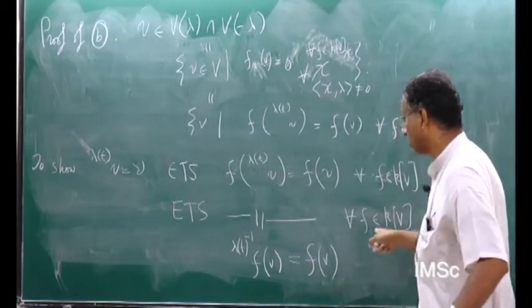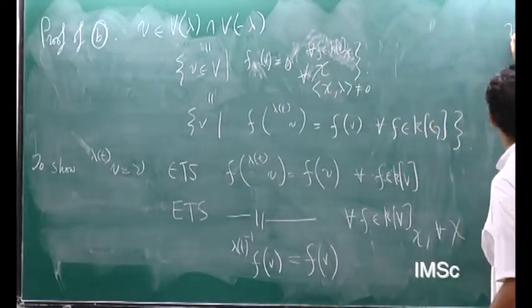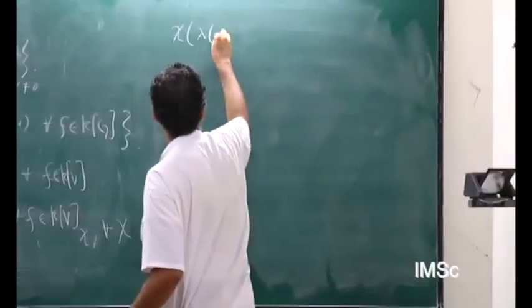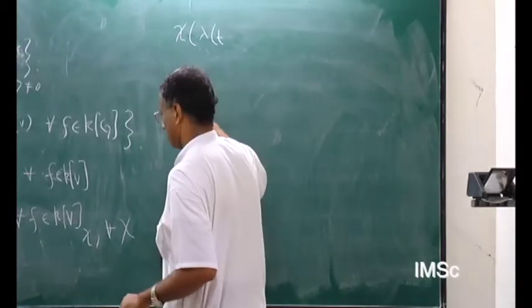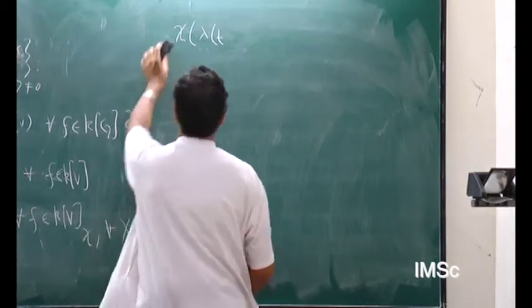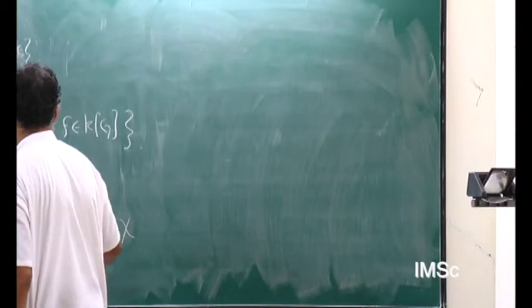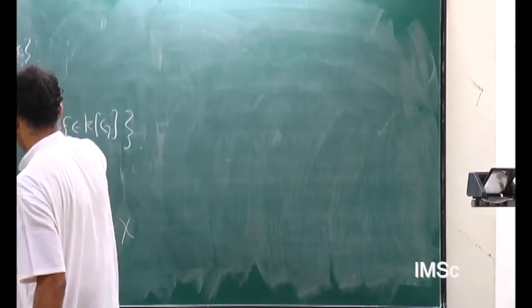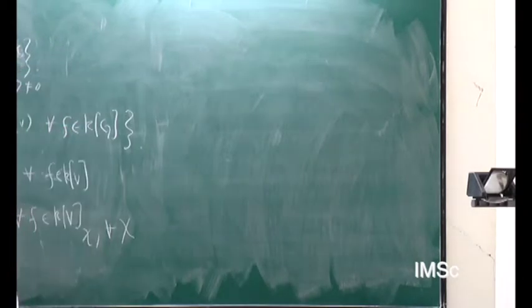Now, if f belongs to chi, what is this? This is chi of, so now for v, okay, so I have written it like this. Right?